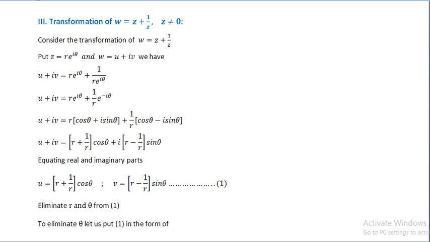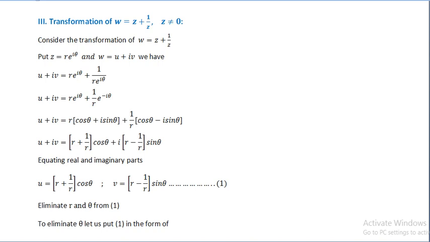In the next step we shift this e^(iθ) to the numerator, so its power becomes e^(-iθ). Here e^(iθ) is cos θ + i sin θ, and e^(-iθ) is cos θ - i sin θ.